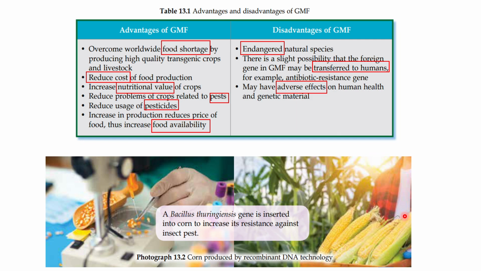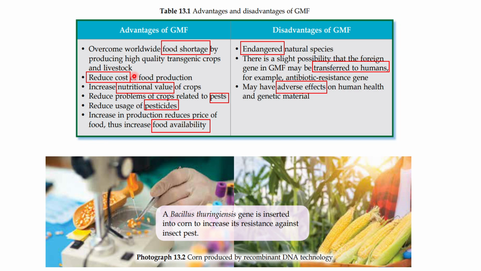Let's look at the advantages and also the disadvantages of GMF. The first one, it can help to overcome worldwide food shortage by producing high quality transgenic crops and also livestock, which we have seen in the picture just now. Number two, reduce cost of food production.